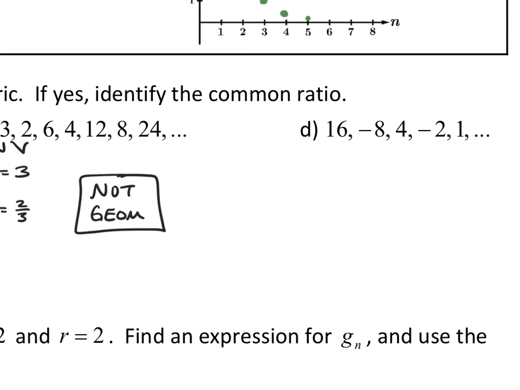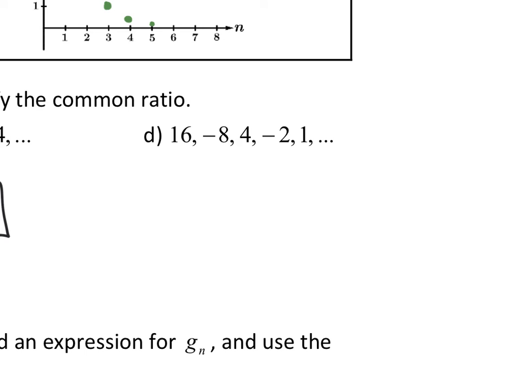But if we look at D, again, maybe your eyes don't necessarily see the pattern. You can kind of see the numbers getting smaller, but they change from sign to sign, which is concerning. So we go ahead and do that same pattern. Between these two, we would do -8 divided by 16, which is -1/2. Between these two, we'd do 4 divided by -8.